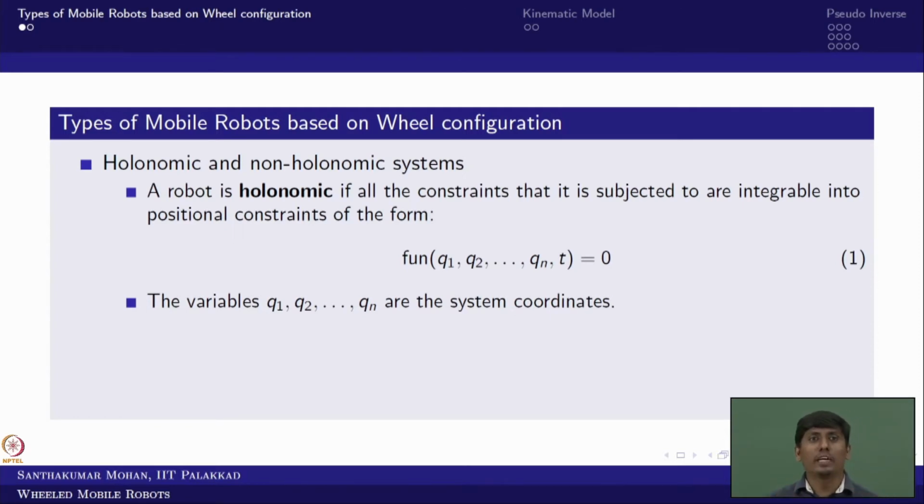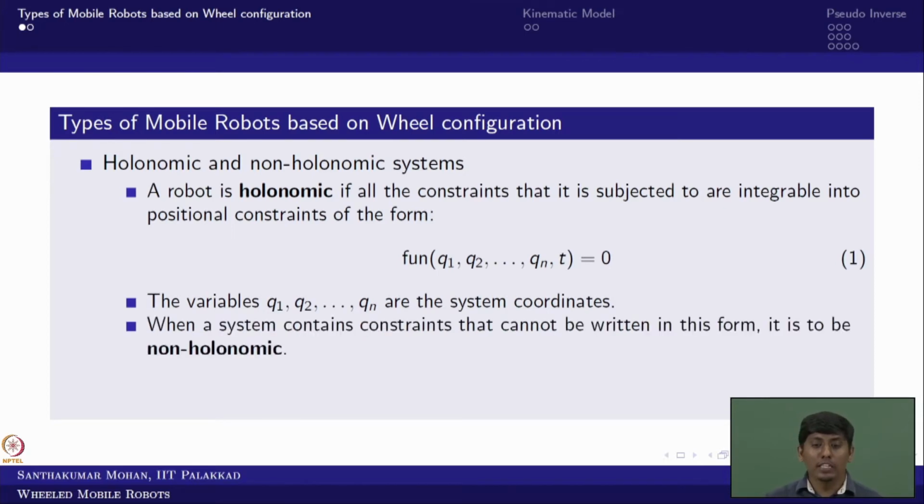It is quite tricky to understand, right? That's why we are going to define holonomic and non-holonomic based on the wheel configuration matrix. But before going to that, what is non-holonomic? Any constraint which cannot be written in this integrable form is non-holonomic. One simple example: the last class we saw the differential wheel drive, where only U and R would be the components when you write it.